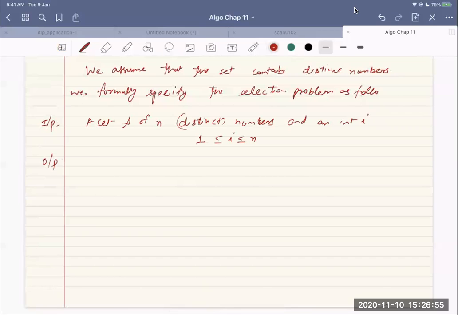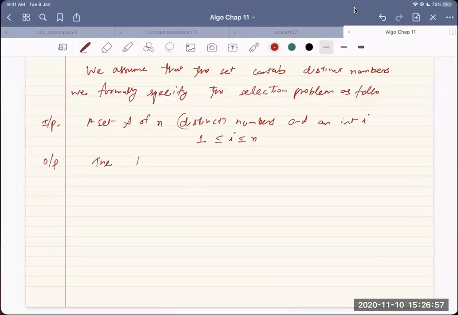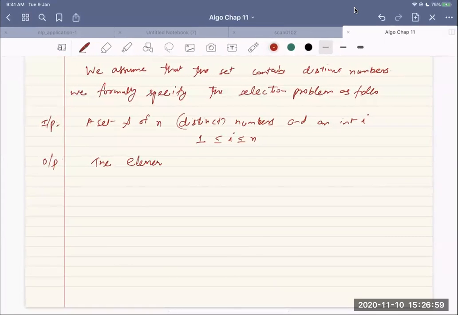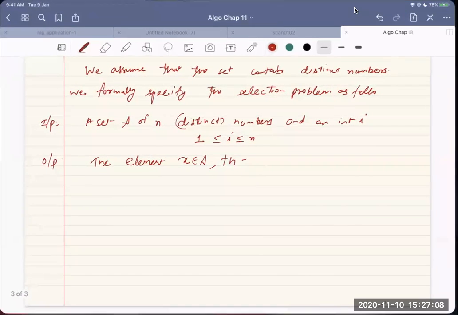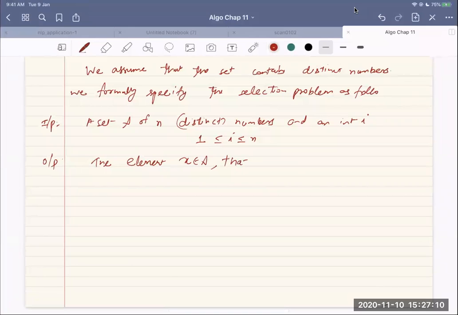Your output would be the element x in the set A that is larger than exactly i minus 1 other elements.